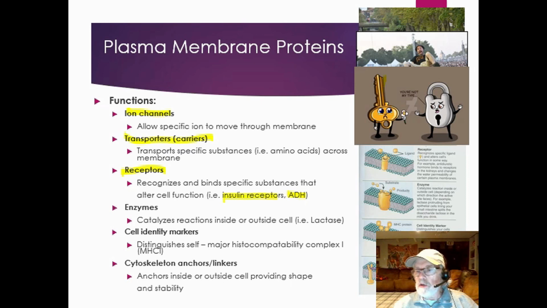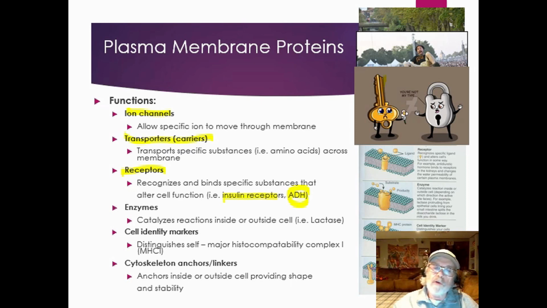In certain areas of the renal tubules, in the distal convoluted tubule and the collecting duct, which we'll talk about at the end of the semester, there will be receptors that bind this ADH. Once ADH binds to the receptors, it allows water to be sucked out of these tubules and back into the circulation to conserve water. So these are called receptors, and that's a third type of protein.